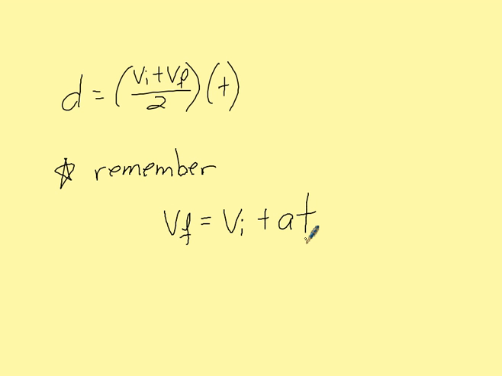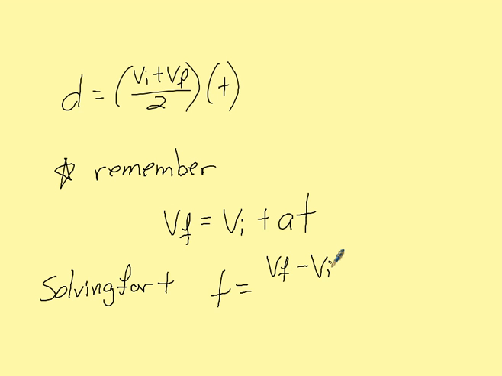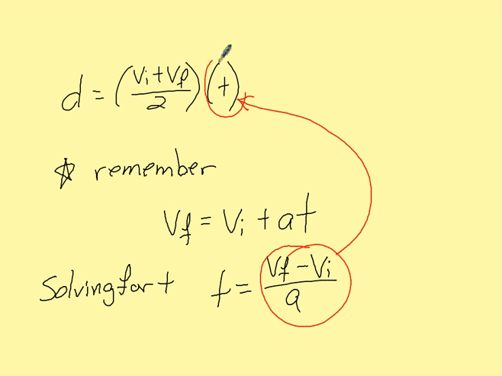And if we rearrange this equation algebraically and solve for t, here's what we get. t equals the final velocity of an object minus the initial velocity of an object divided by the acceleration. And I bet you can guess what we're going to do now. We're going to take this representation and substitute it in for t in the equation we were working on.